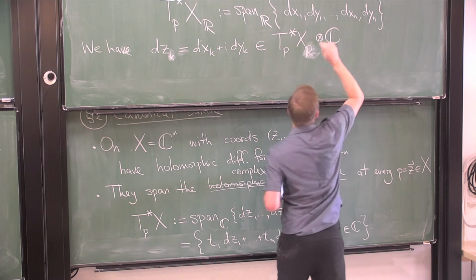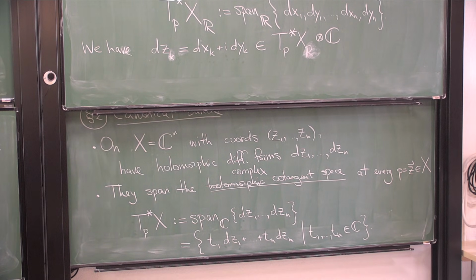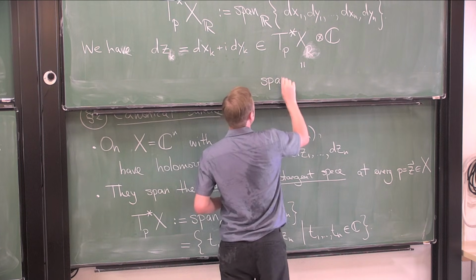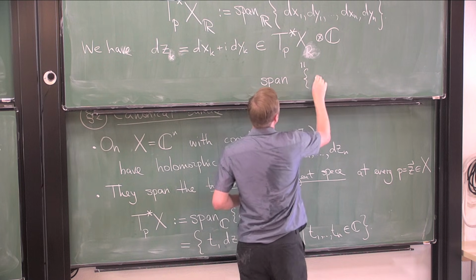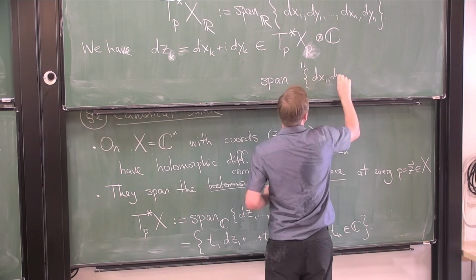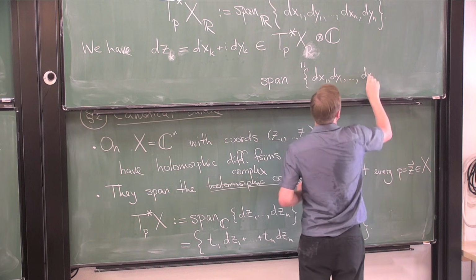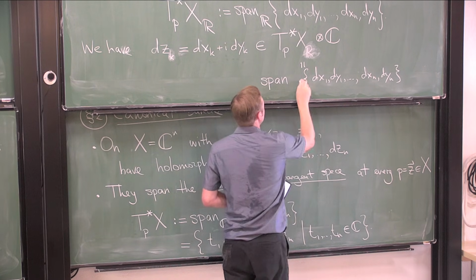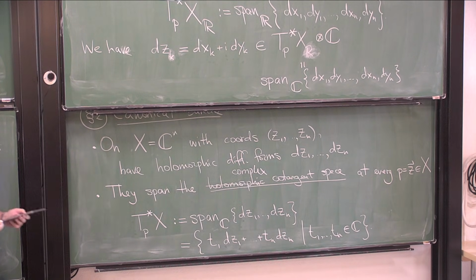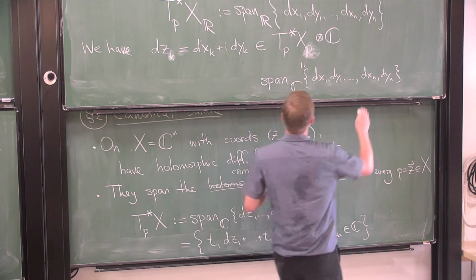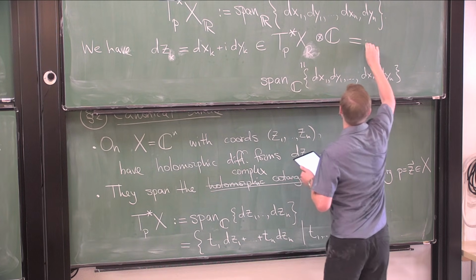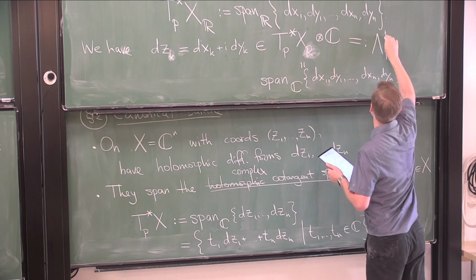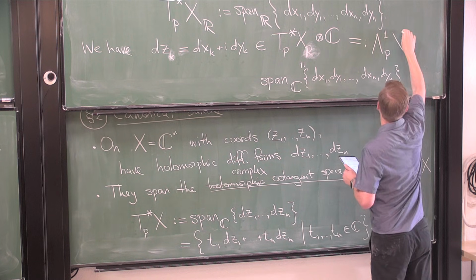I'm just tensoring this with complex coefficients. In other words, this is just the linear span of the same covectors, dx1, dy1, down to dxn, dyn, but now no longer with real coefficients, but with complex coefficients. Let me give this space another notation, which I will reuse later. I'll call this capital Lambda^1_p(X).